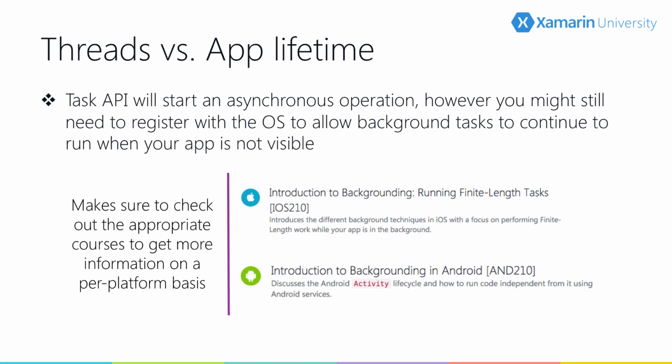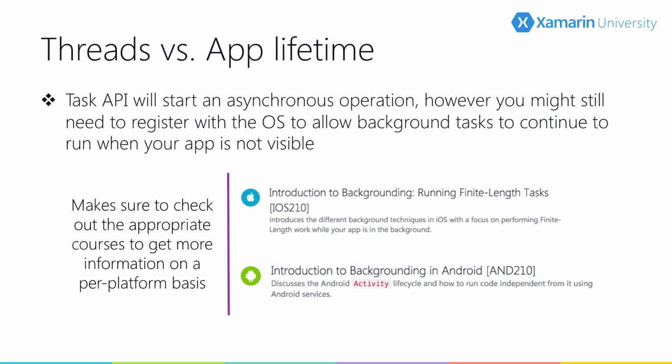So that's why Task.Run is really the recommended way. One important note to make here when working with background asynchronous operations is that mobile applications have a different model for the application lifetime than desktop or web applications do. In particular, most mobile operating systems have very strong restrictions on what is allowed to be executed while your app is not in the foreground.